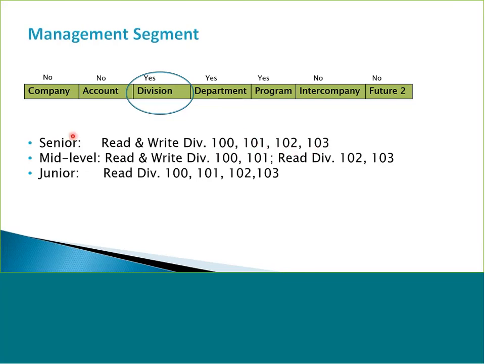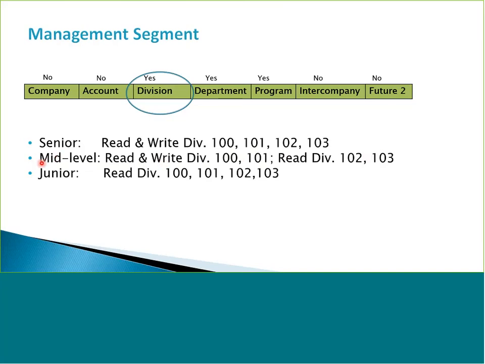So we want the senior accountants to have read and write access to all the 4 divisions, okay? We then want the second level of accountants to have read and write access to division 100 and 101, but only read access to division 102 and 103.